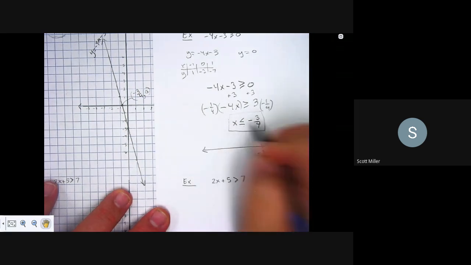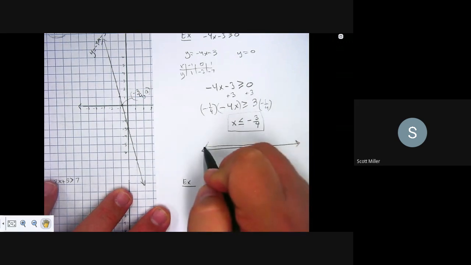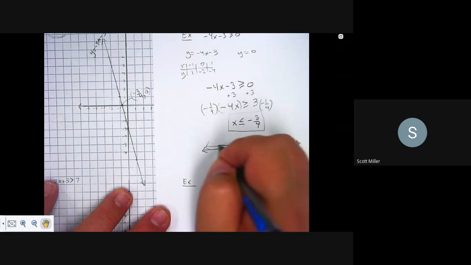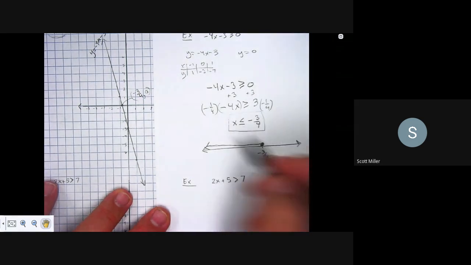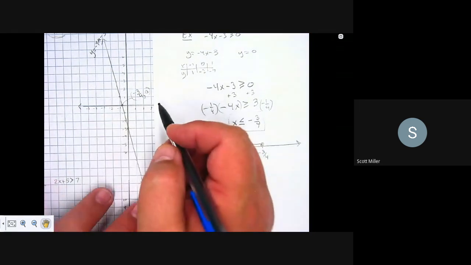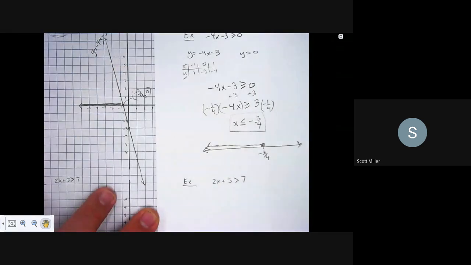Because of that symbol, we're going to put a dot, and we're going to shade everything to the left. This is how you draw the solution graph. There's my algebraic solution. And then I can see that my graphical solution is going to be all of these points over here. Okay. Let's do another example.